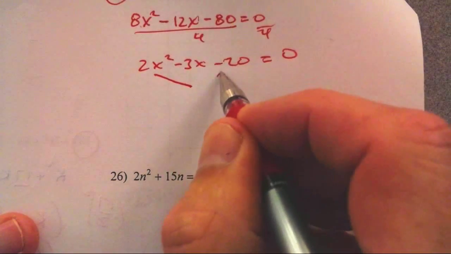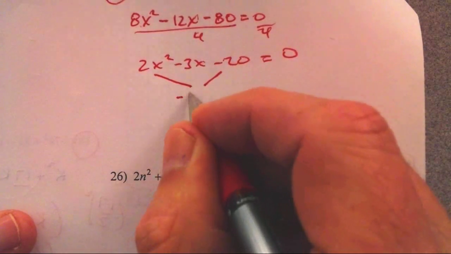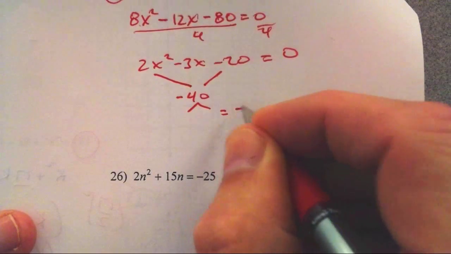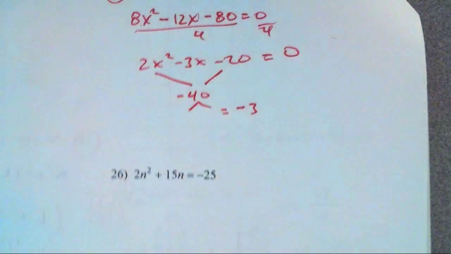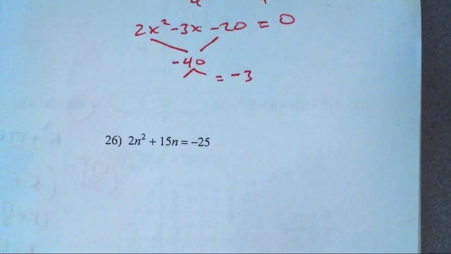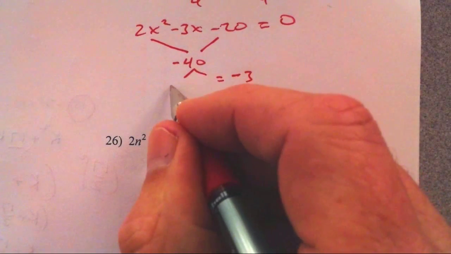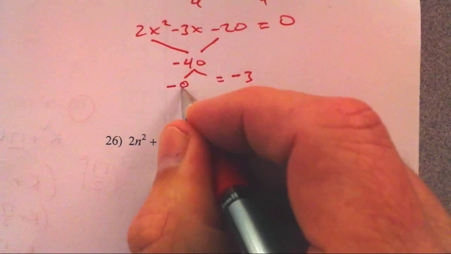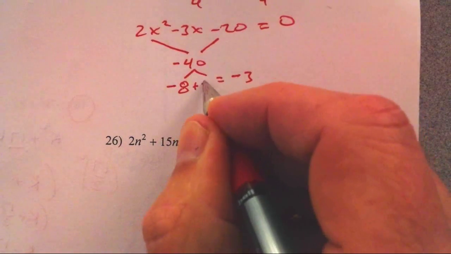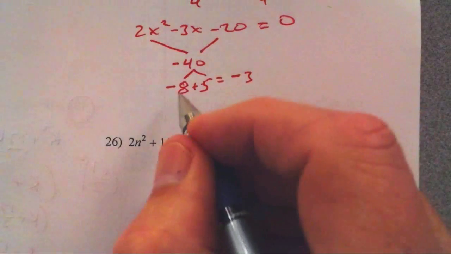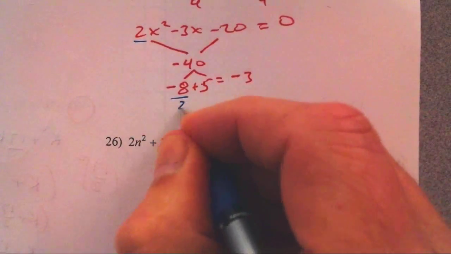So factors of negative 40 that add up to be negative 3 have to be a negative and a positive: negative 8, positive 5. I put those on 2.